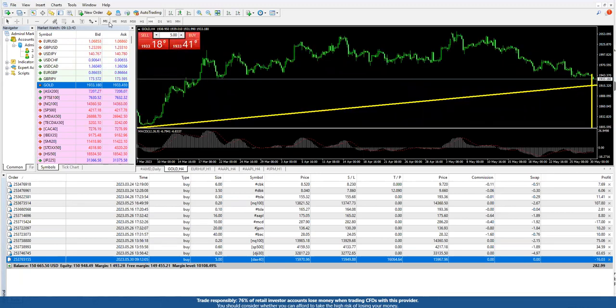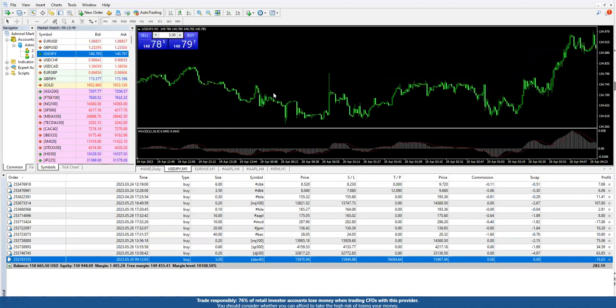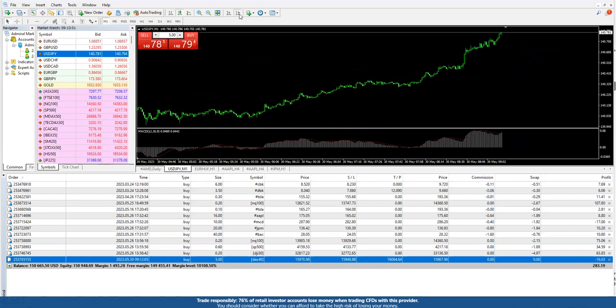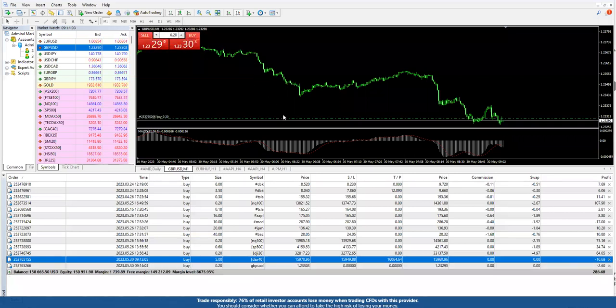I will wait with gold. Those who have short positions, they are lucky. Let's check USD Japanese. Maybe it's too late to enter a trade. And let's check GBP USD. I will open a smaller position for a potential false breakdown. See what to do.